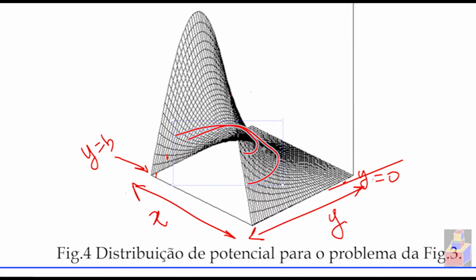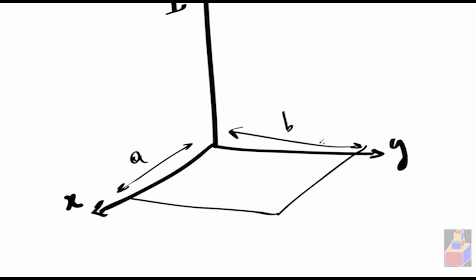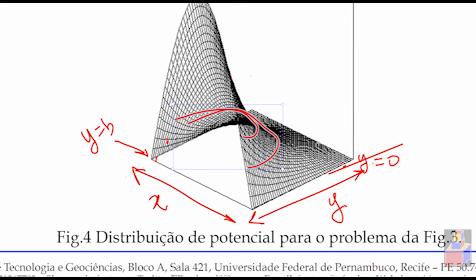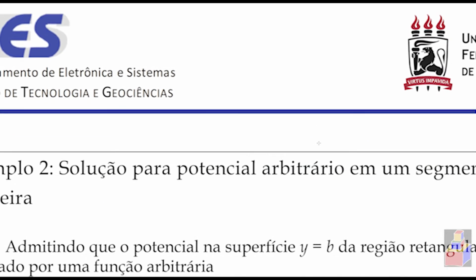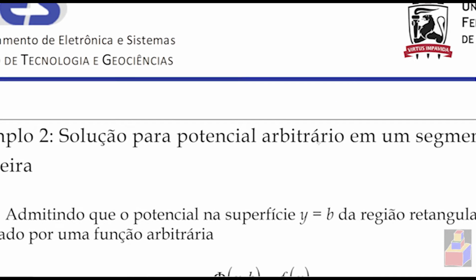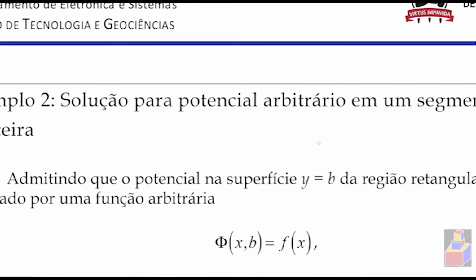But we're going to talk about that later. Now let's go on. This is what happens when you have a well-defined potential. In fact, I chose the potential to look like one of the eigenfunctions of the problem. But suppose now that you have an arbitrary profile at y equals b.